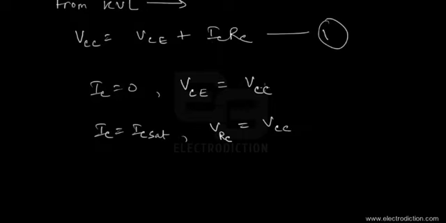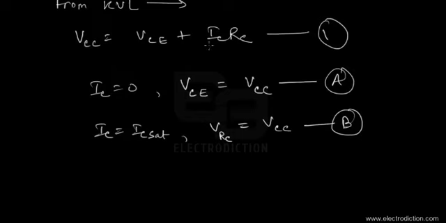If we treat this as condition A and the other one as condition B, then putting IC equals 0 in equation 1 gives us condition A. Because if we open circuit the input loop of the BJT circuit, then there will be no collector current.